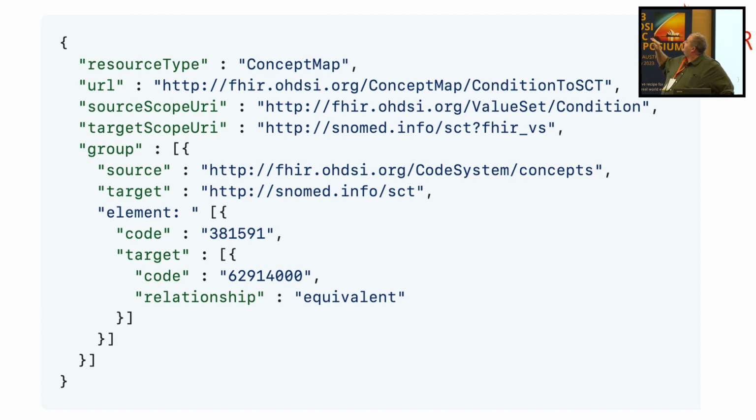In the space of the condition value set and all of SNOMED, here's a map from the concept table to SNOMED. We map from 381591 to the SNOMED code 629 blah, blah, blah. SNOMED codes are always 629 blah, blah, blah. And this is just generated straight out of the concept table. For each of the relevant entries, they go into one concept map or another.